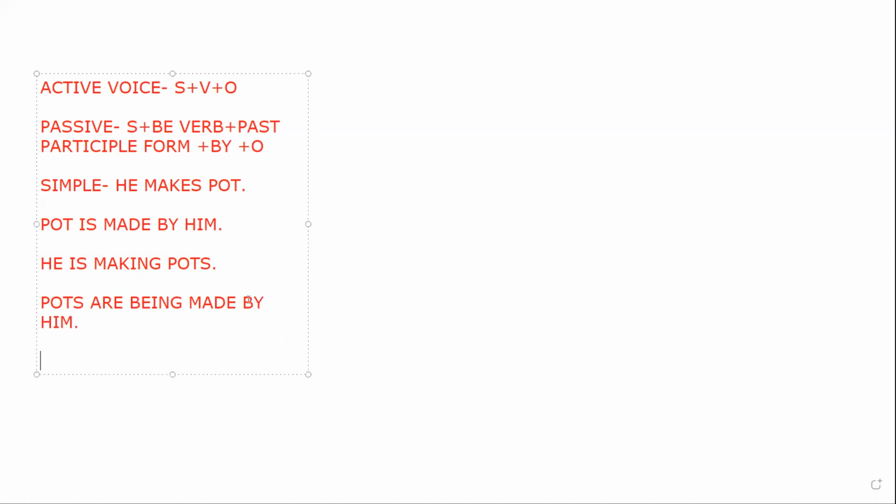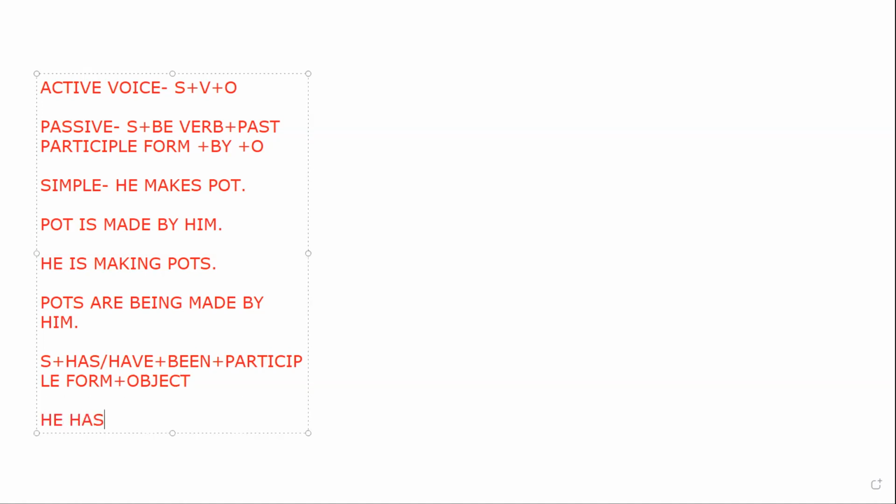So in present perfect, the structure is subject plus has or have plus been plus participle form plus object. Like he has made the pots.